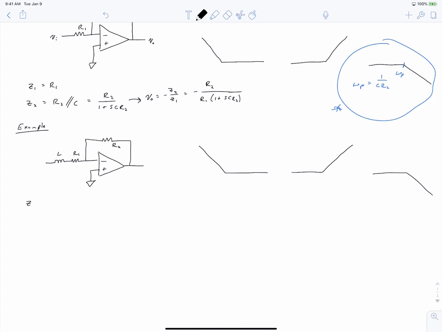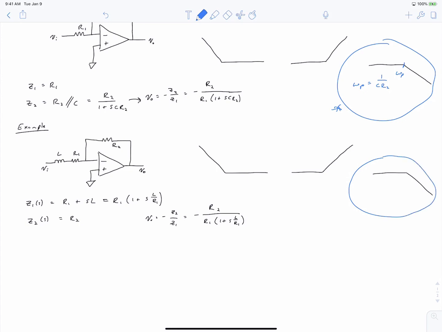So in this case, our impedance Z1 of S is going to be the combination of R1 plus SL, which we can rewrite as a simple zero. Our Z2 impedance is simply equal to R2. And so if we combine these into our expression for the output voltage, which is again a pole, and so we have this transfer function.